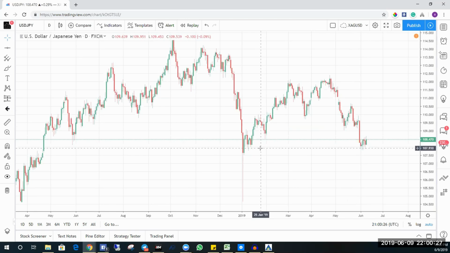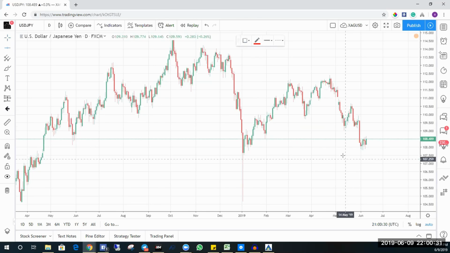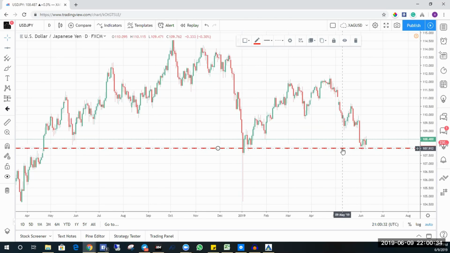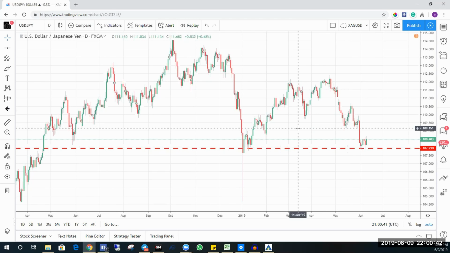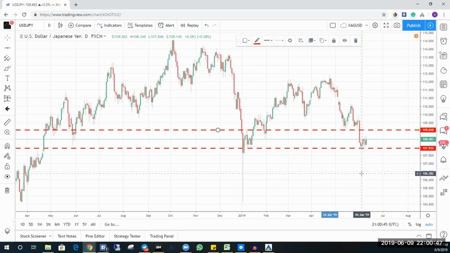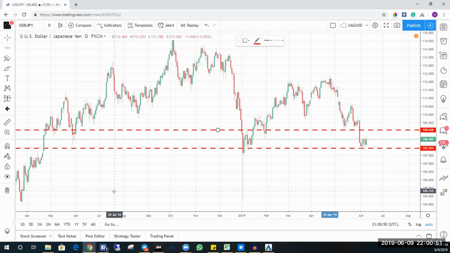We look for a break below 107. Or if it gets a pullback up to this level here, we're definitely looking at targets, like I said, somewhere, could target here.